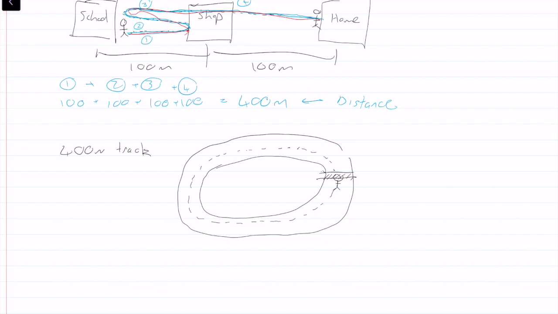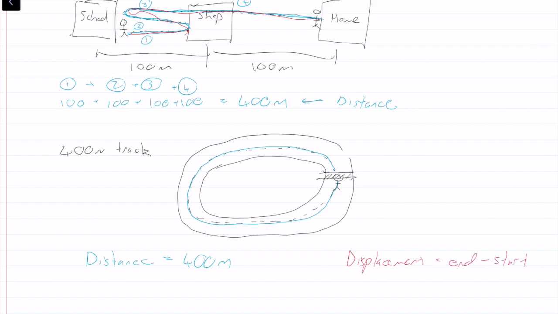So the question is, what is my distance and what is my displacement? Well, the distance is the length of the path traveled. If I have a 400-meter track, that means that I went all the way around and I ended at the start, so I went 400 meters. What about my displacement? Like I said, it is equal to my end position minus my start position.